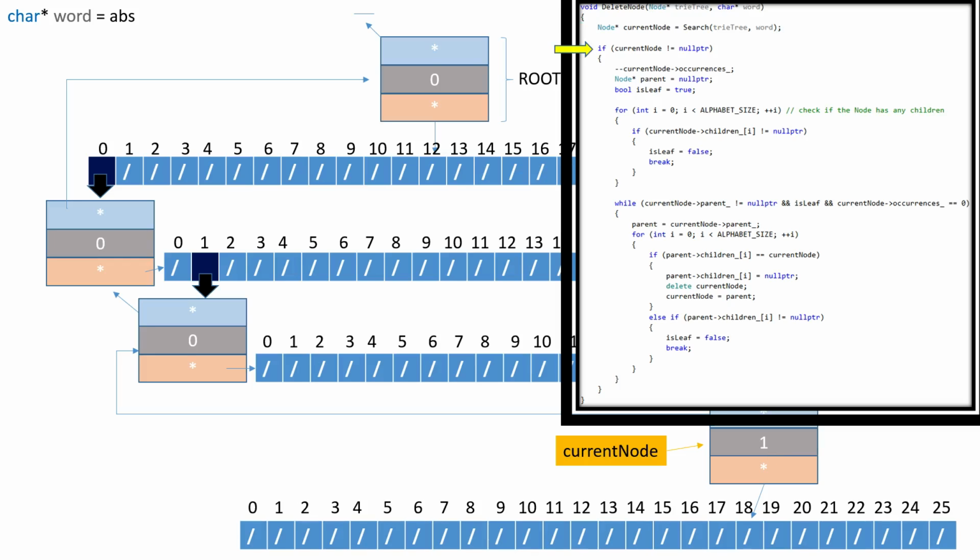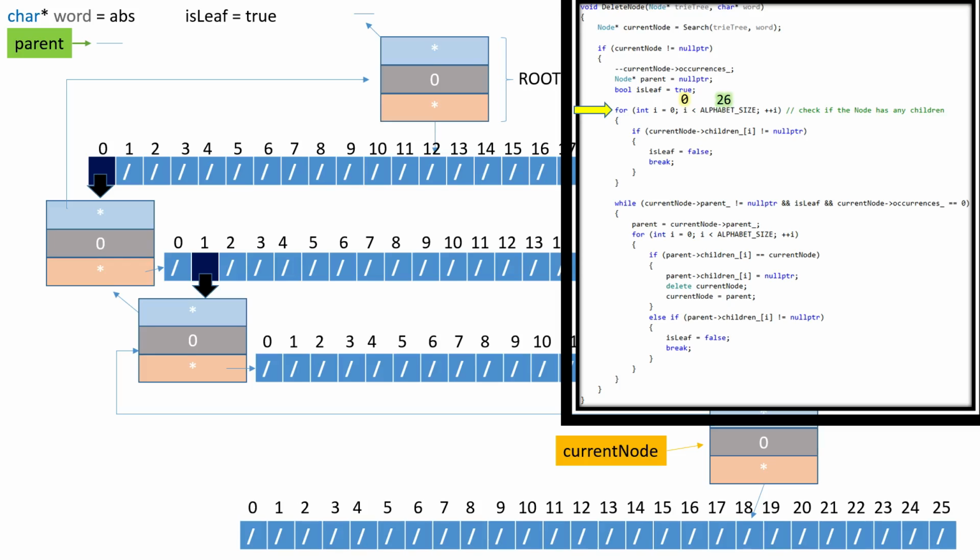If the node does not equal null pointer, which means the word exists, we're going to decrement its occurrence by 1. So now, let's go back one. See how occurrence is 1? We're going to decrement it, so now it's 0. We'll go ahead and define parent and isLeaf. We'll make parent null pointer. isLeaf we'll make true.